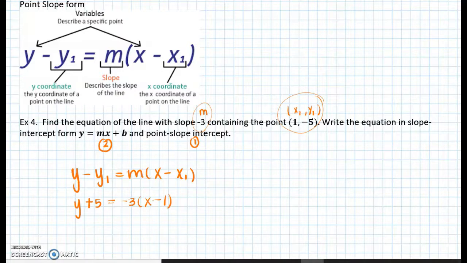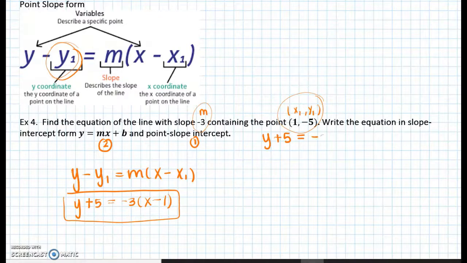And notice that the 5, since I would plug in a 5 in here, it was a negative times a negative, so it turns into a positive. All right, so that's my first answer. That's in point slope form. And then I have to convert it into slope intercept form. So I'm just going to rewrite it over here. So what you're going to do is, this is isolating the y.